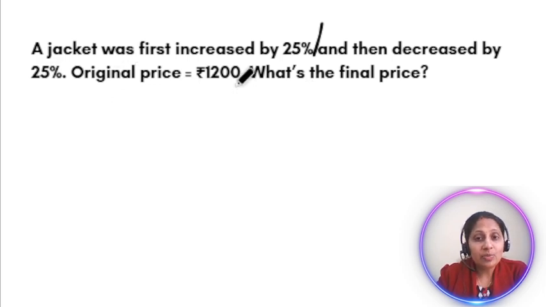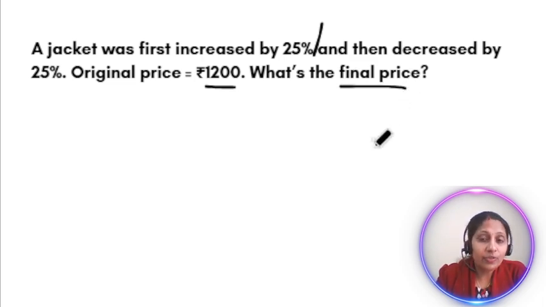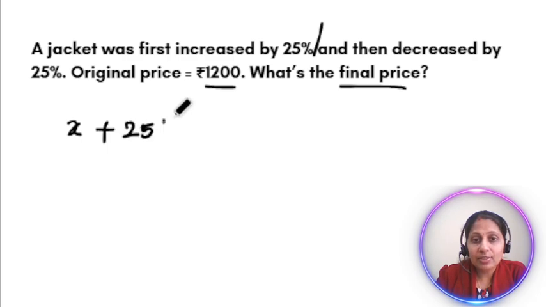The original price was given, which is 1,200, and they are asking you the final price. So with the hint that is given, we need to first find what was the value after the first increase. The original price plus 25% of X is increasing. X is the original price, right?